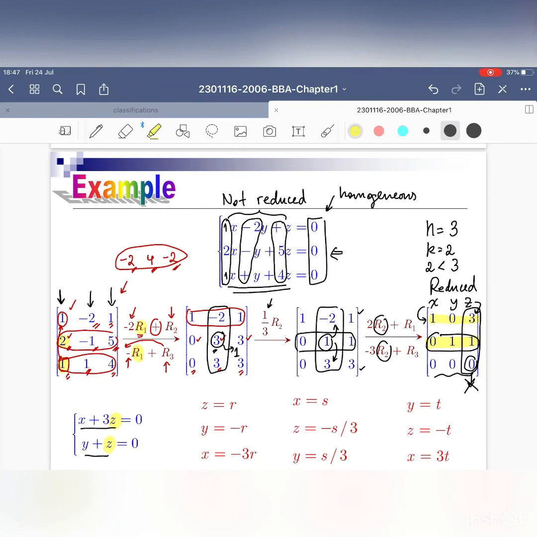So you can simply write your x in terms of z as -3z, and also your y in terms of z as -z. So usually we say that if your z is any real number r, then your y will be -z, so it will be -r, and your x will be -3z, so it will be -3r.